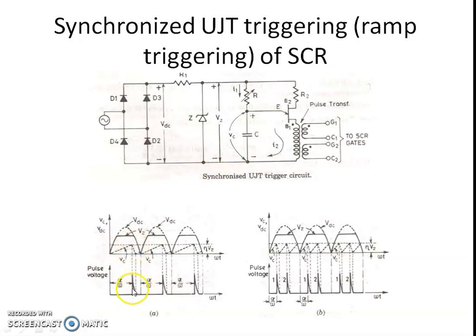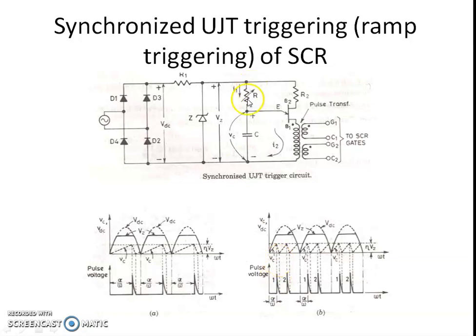Therefore the firing angle alpha is high. If the R value is very small, the capacitor charges to eta VBB plus VD very soon and the firing angle alpha is less. Therefore the average output voltage is high.